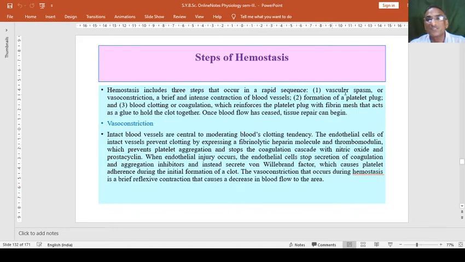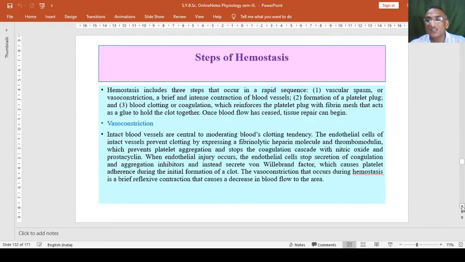So this is the first stage, generally called vascular spasm or vasoconstriction, in which the blood vessel contracts, the endothelial cells inhibit the secretion of inhibitors, von Willebrand factor is secreted, and platelets adhere to form the stoppage, or we can say it breaks the flow of blood outside, and then blood flow is prevented.